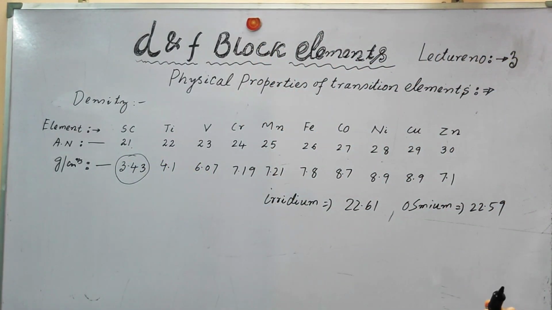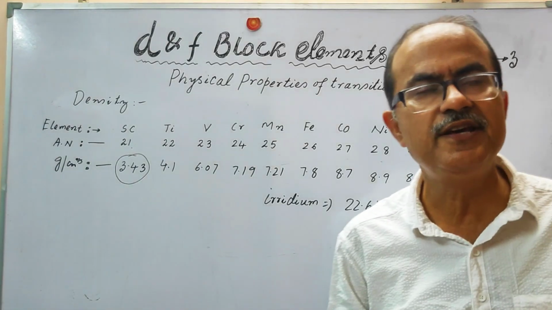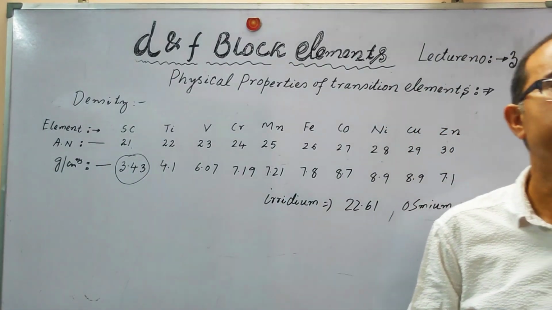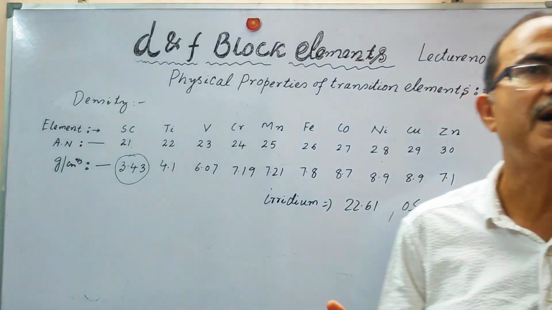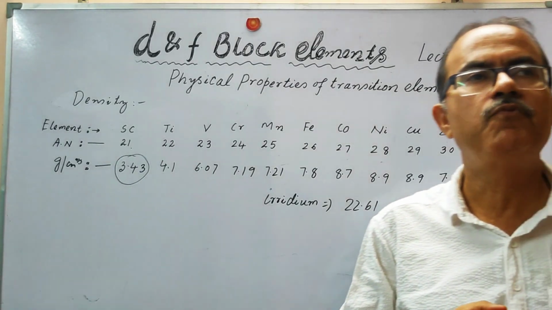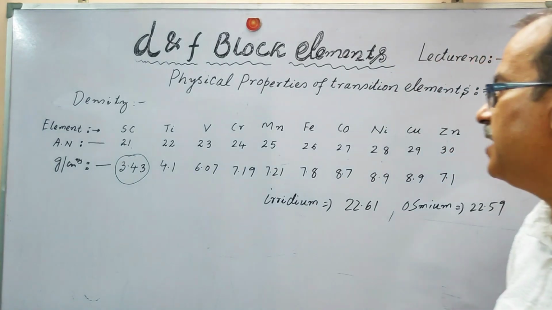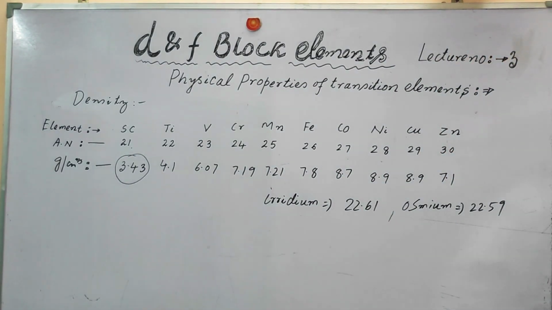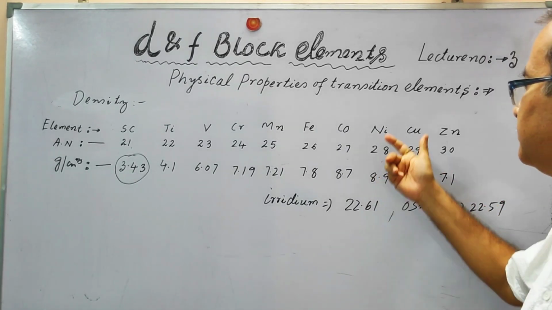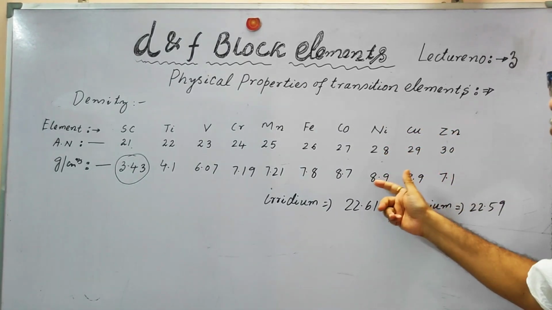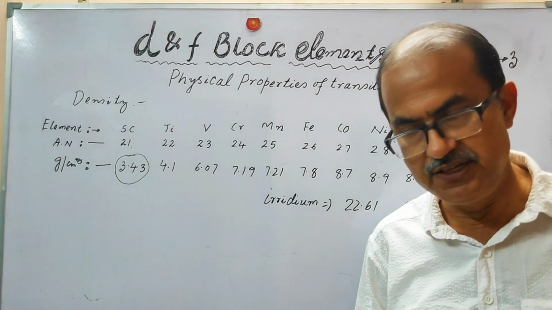So it is very easy to understand that density is a result of the metallic property. The more metallic property the transition element has, the higher the density. And sometimes small questions will come, such as that nickel and copper both have the same density.